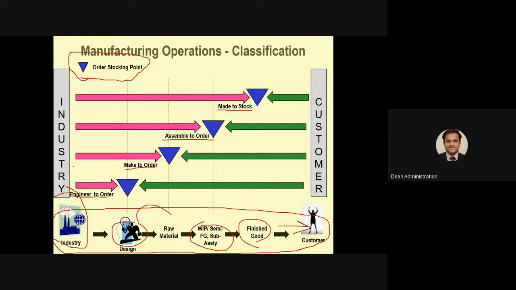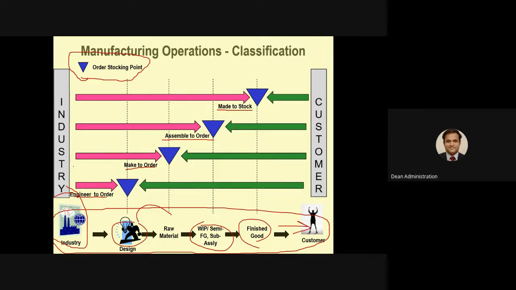Okay. Now, can anybody give examples of such products? Yes, students. Can anybody give examples of such products made to stock? Anything that you buy in your retail stores, grocery stores. Hello, students.